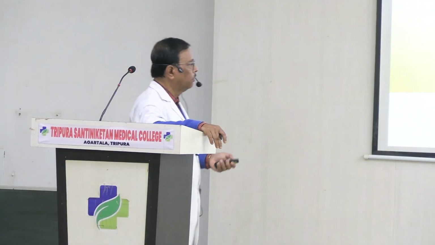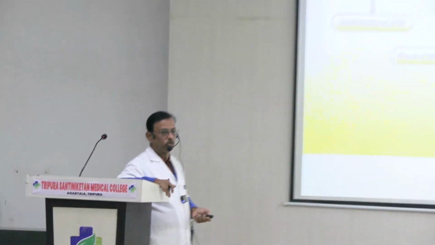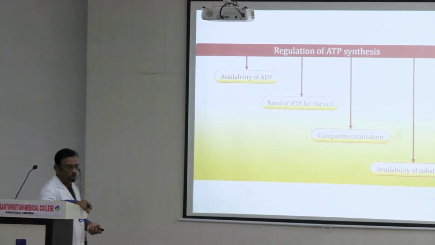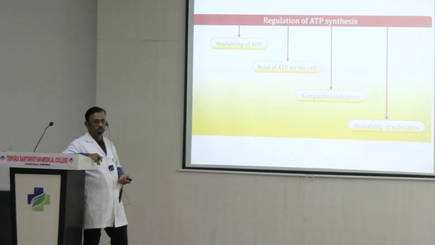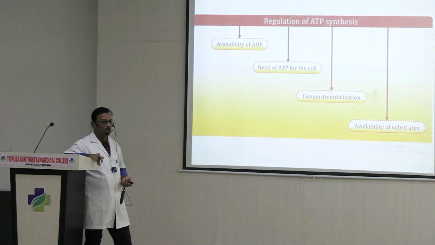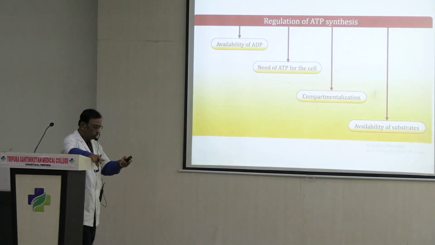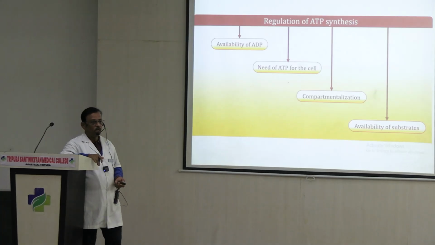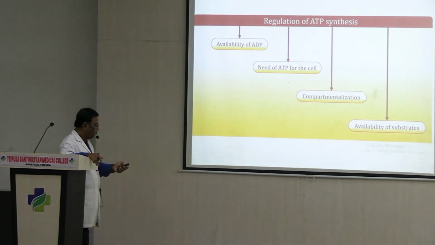Then substrate availability also has to be there. Adequate foods and all these things should be there. During starvation, all the metabolic activities go down. So inadequate substrate will be there, and inadequate ATP synthesis will be there.